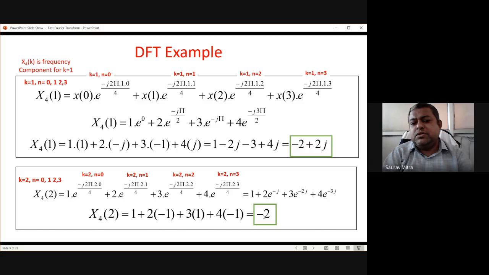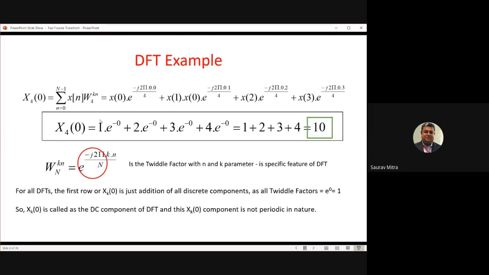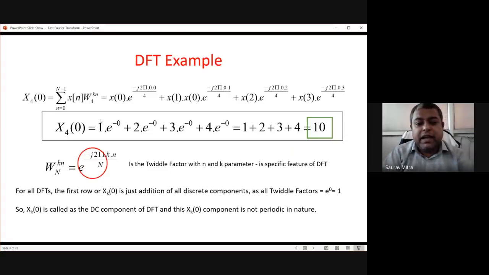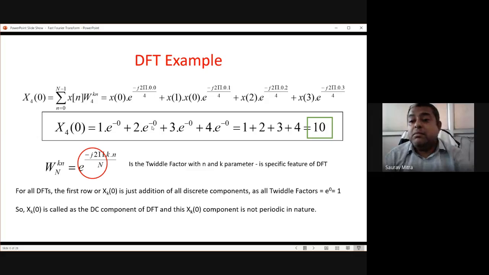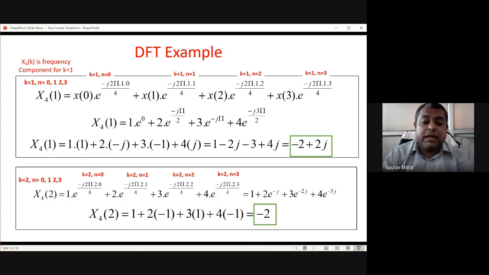So for example, how did you calculate x0? Just by adding 1 plus 2 plus 3 plus 4. And now the middle part. Okay, how to find the middle part? Leave x0, then whatever is remaining, x1, x2, x3, whatever is the middle component of that has to be calculated by 1 minus 2 plus 3 minus 4.